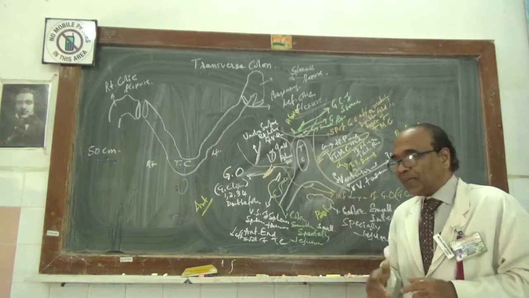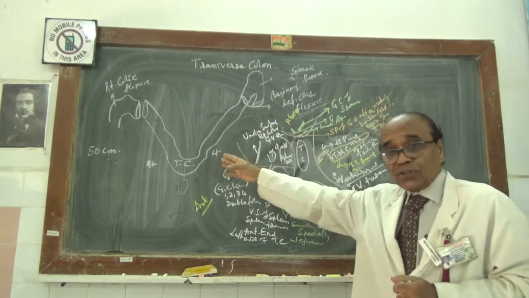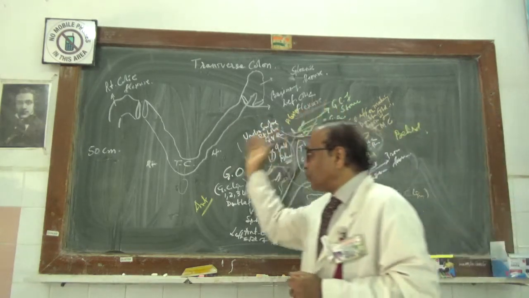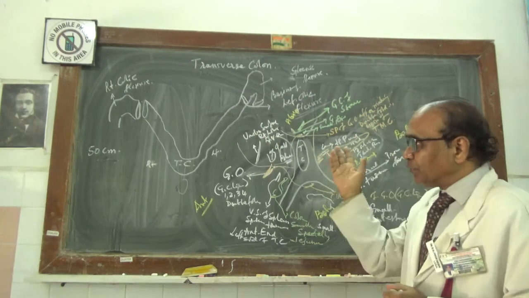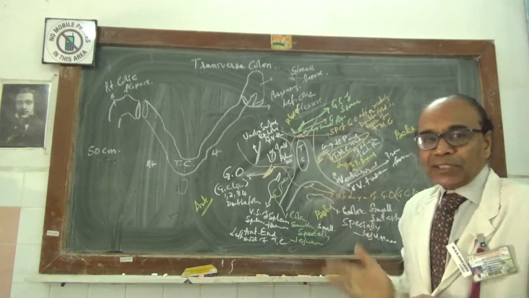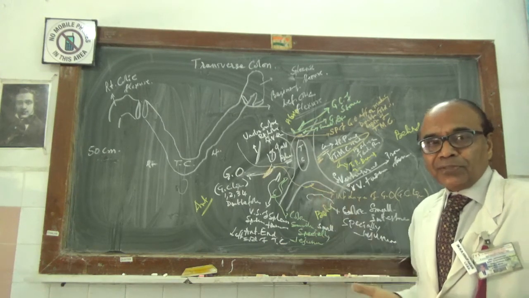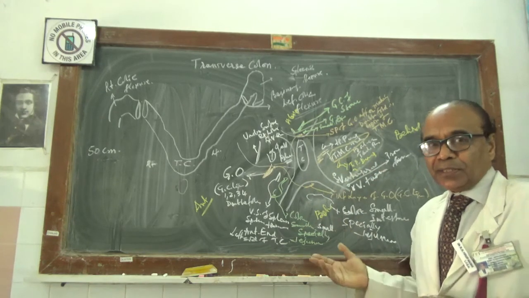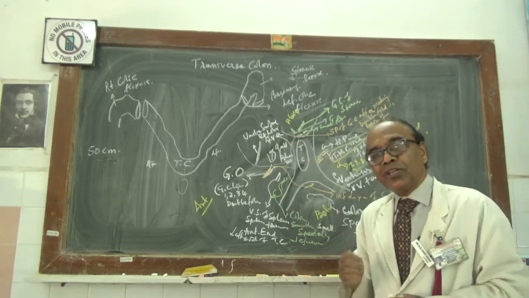Now after having had the transverse colon, you will be going to get the nerve supply. Nerve supply for the transverse colon, from right to left, if you have taken the entire 50 centimeter, the whole thing will be by the sympathetic and the parasympathetic. Sympathetic is by the abdominal segmented part. Parasympathetic is by the vagus. They together form the craniospinal or the autonomic.